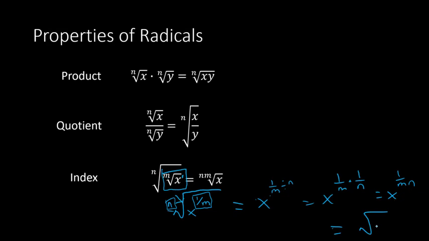So you have a radical, x on the inside, 1 as your numerator goes right here, and then mn would be your index. So we have just verified that this radical is equal to the m times n root of x. So all that is the behind the scenes of why this property is true.